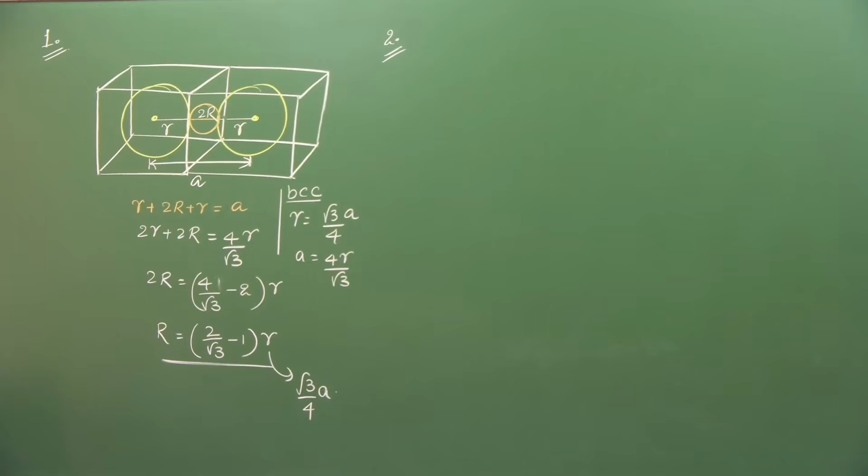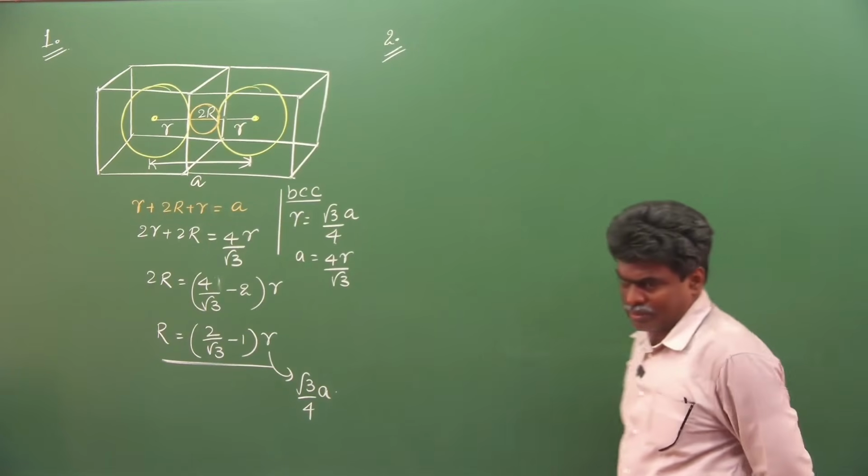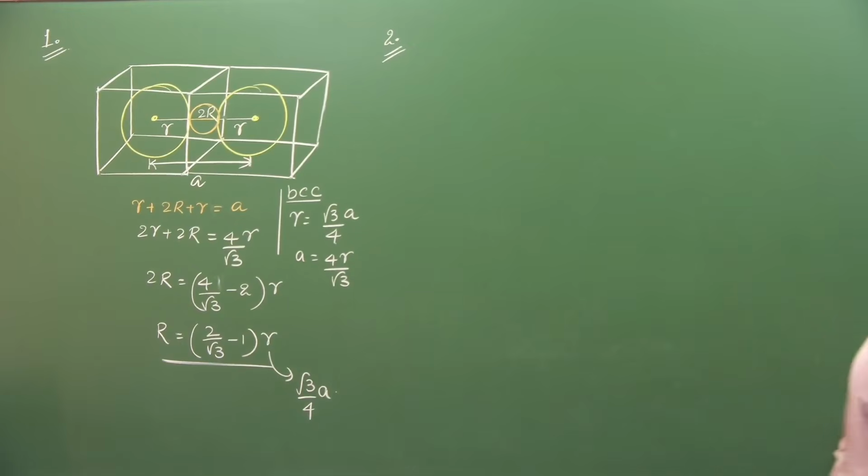I think most of the paper setters will set the paper with the parameter a. While you are drawing, take a little bit yellow color sphere, a little bit small one, then 2r will become a little bit big.